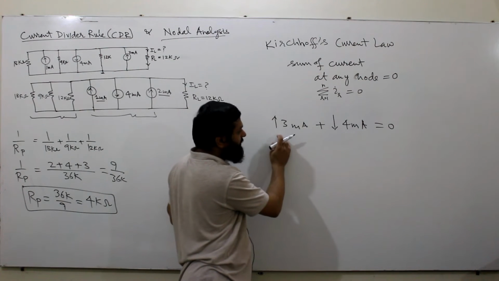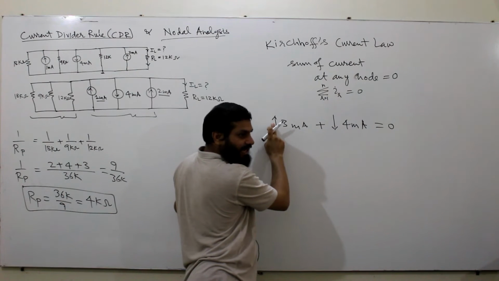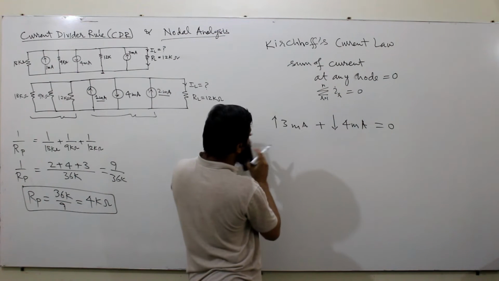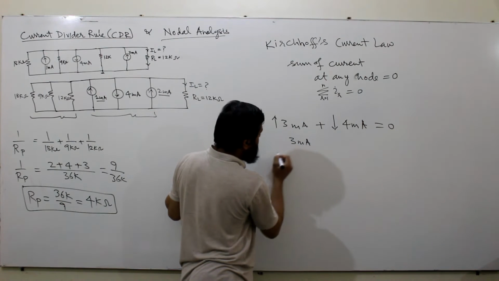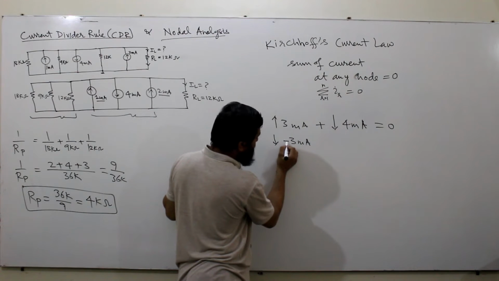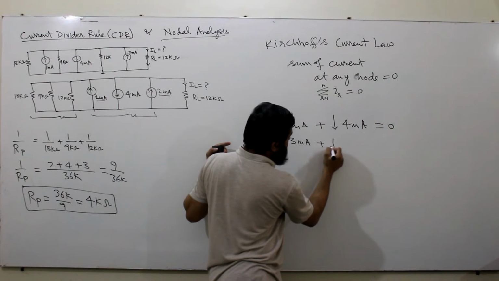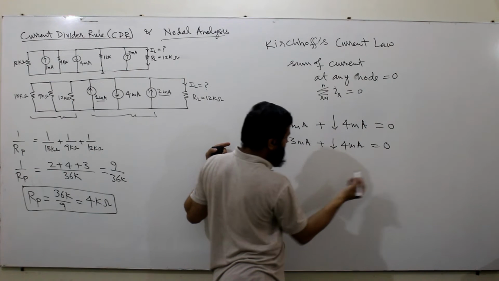So I want to now solve this one. If I want to change this one to the downward direction, this will become 3 milliamperes downward, but we will have to place a minus sign for changing the direction. And here this is already in the downward direction, so this is the same, equal to 0.